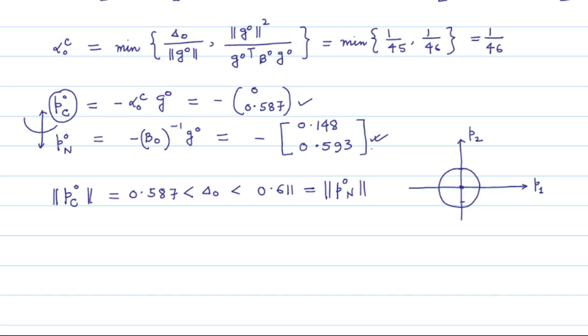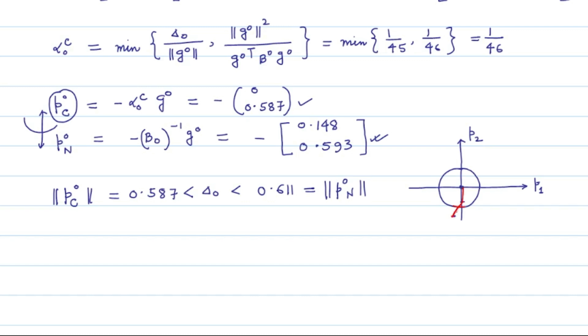and the location of the full Newton step is in the third quadrant somewhere over here, and the dogleg step is the intersection of the line segment joining the Cauchy step and the full Newton step with the boundary of the trust region. And here the dogleg path is this line segment and this line segment.